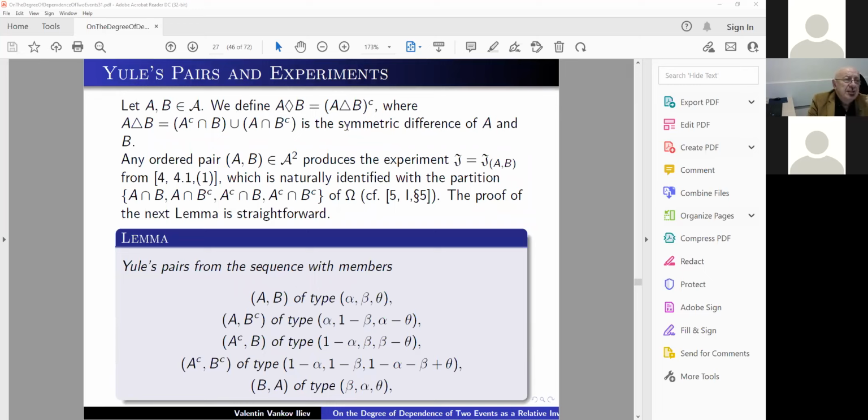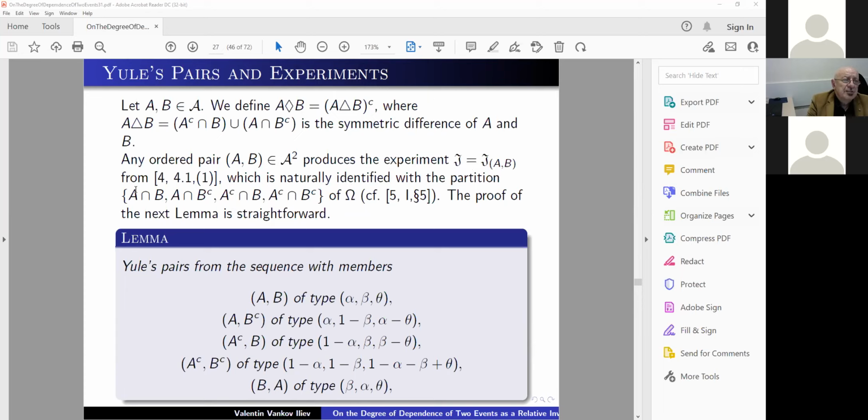And I began to ask how many ordered pairs of events in the Boolean algebra produce a given experiment.